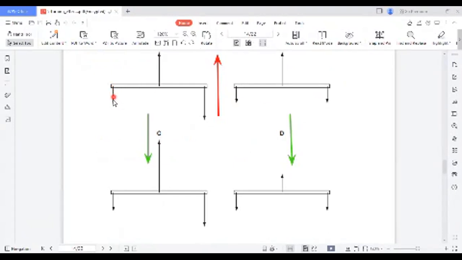If this weight is smaller than this one, it means there would be a clockwise moment in it, because anti-clockwise moment is small. So that's an incorrect option. Look at the normal force acting on it. Here the weight is small, here the weight is large. So again, we can expect a clockwise moment here. And look at these two options.